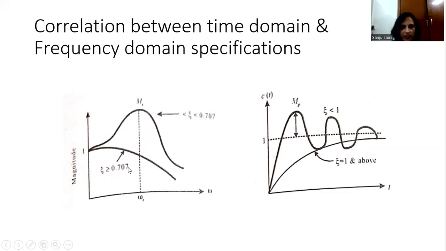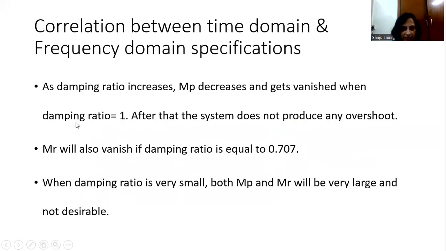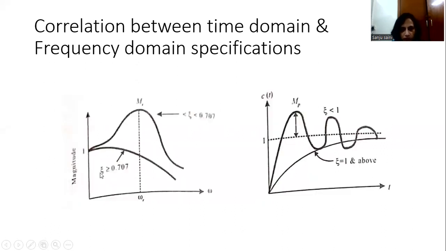For high values of zeta, both MP and MR disappear, as we can see from these two diagrams: when the damping ratio is equal to 1, the system does not produce any overshoot, and MR will also vanish if the damping ratio is 0.707. So that is shown within these curves.